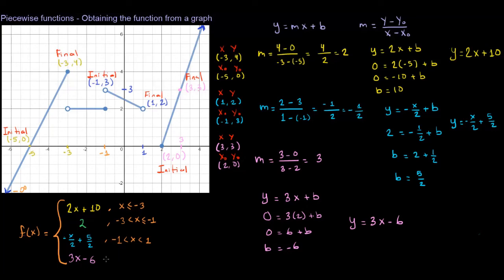Here I want to notice something. We have here a hole between the value of 1 and 2. Notice the function is not continuous here. We jump from the value of 1 to the value of 2. So we have to be careful with that.